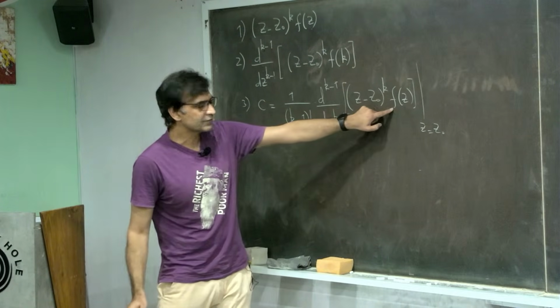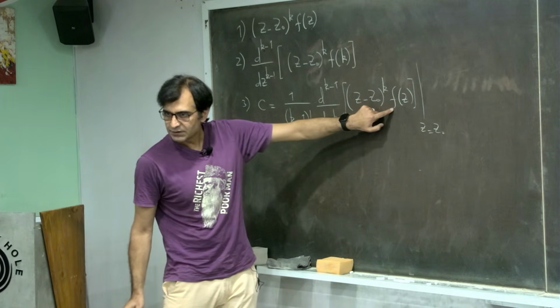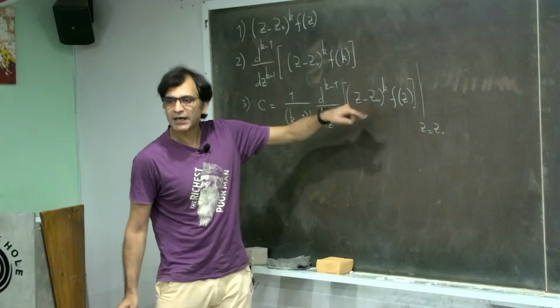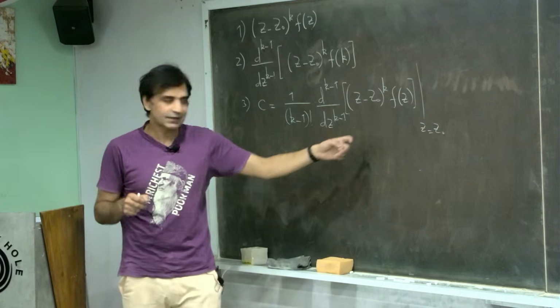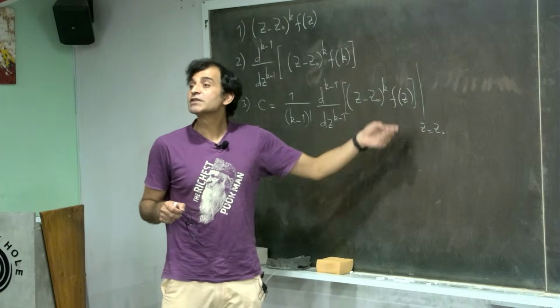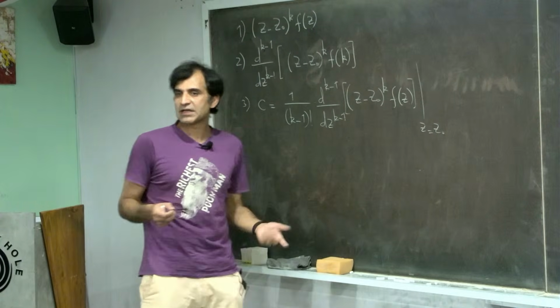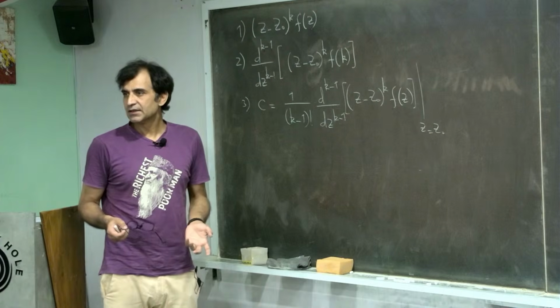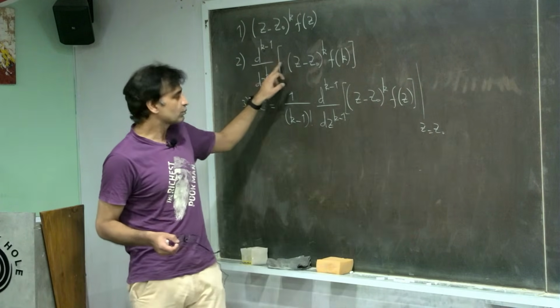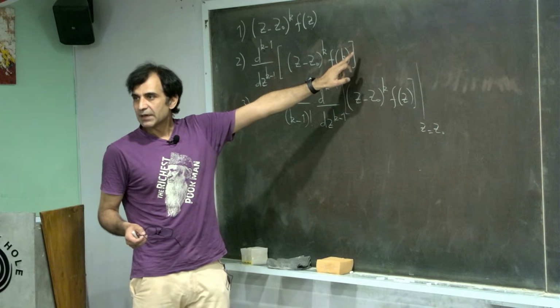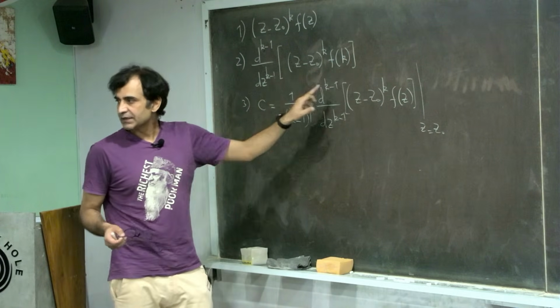I told you that f of z is an analytic function, and you can have some higher order poles in it, because then you have 1 over z squared. Such a series is known as a Laurent series. So you can expand this in the Laurent series. Then you multiply this by z to the power k, and then take a derivative.